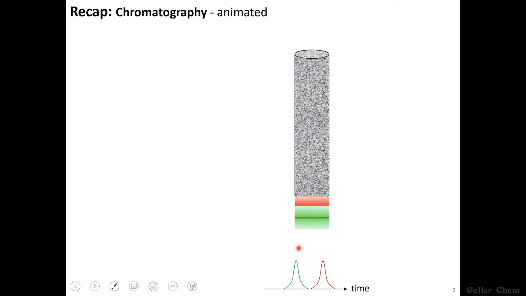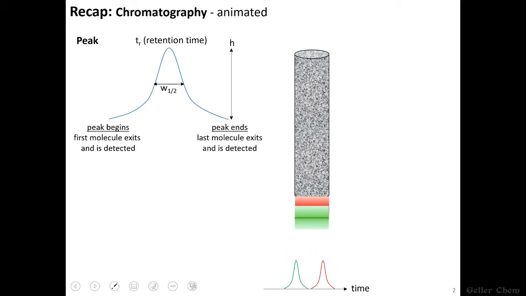Now let's talk more about these peaks. Ideally in chromatography, our peak is symmetric and has a Gaussian shape, as it's called. And what this peak represents is really just how many particles are exiting the column and being detected at any given time. So when the peak first starts to form, that represents the first solute molecule exiting and being detected.